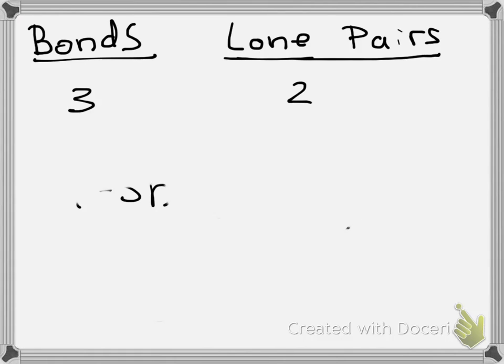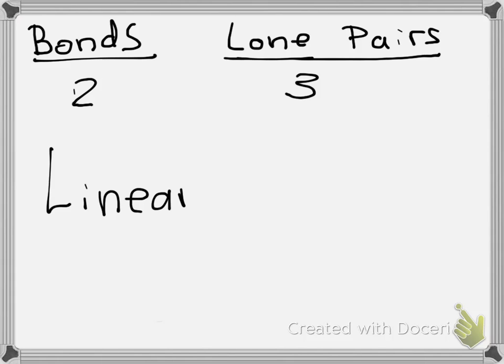And then after this, we have 2-3, which is kind of confusing. And this one is linear. This one also looks the way it's described in its name. So you have a central atom here. And then you have 3 lone pairs this time. One here, one here, and then this one's going to be a lot of dots.